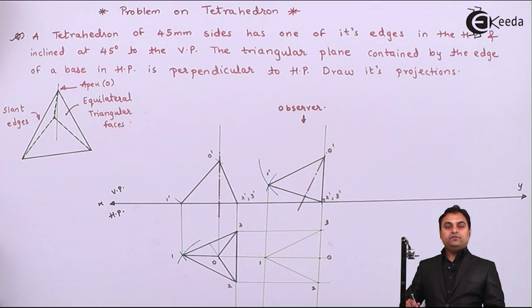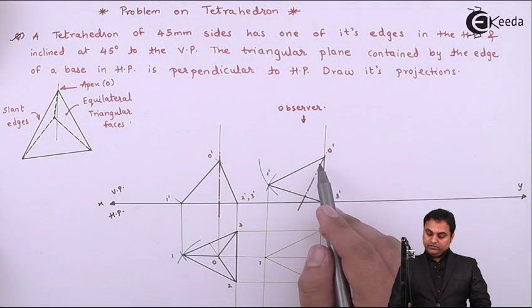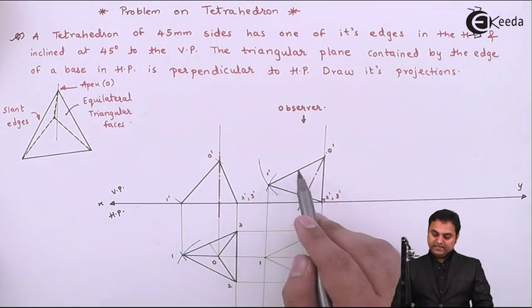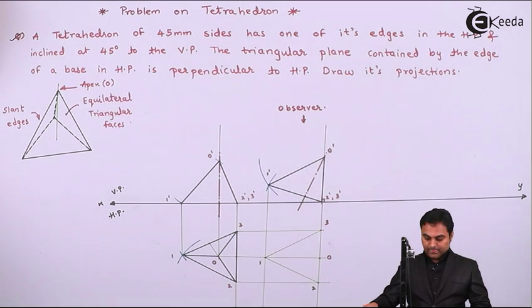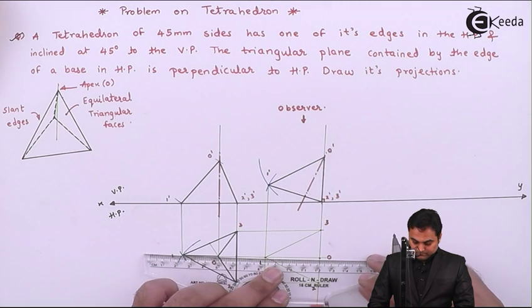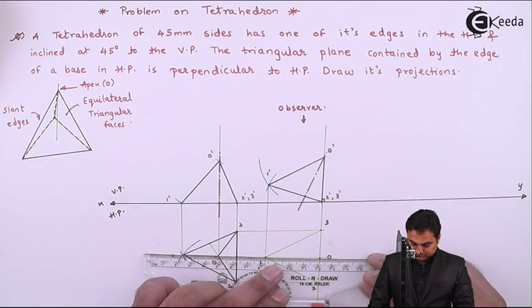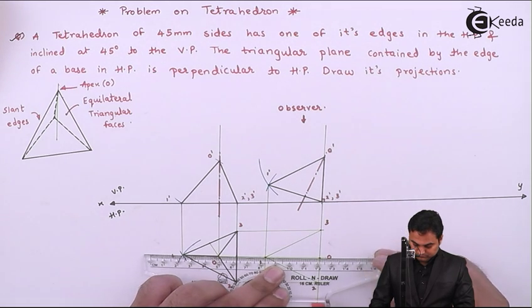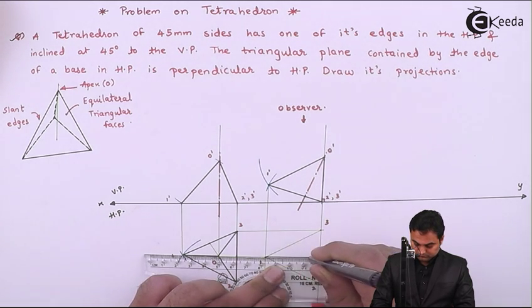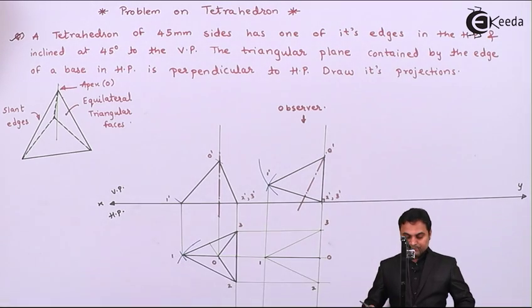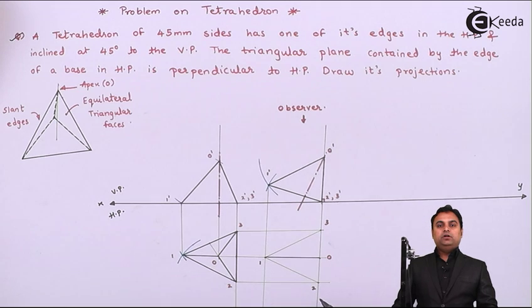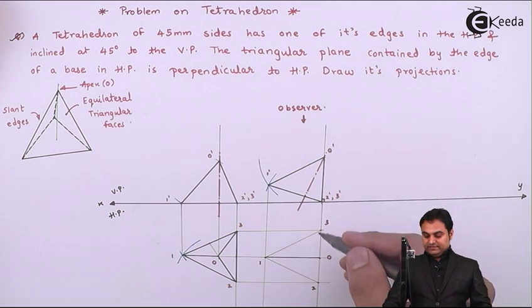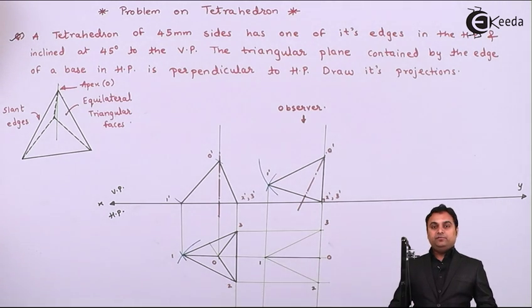As an observer, when we are looking from top, this edge O dash to 1 dash is visible, so it will be made dark. Then even the edges 1 to 3 and 1 to 2 will be visible from the top view, and at the same time, since they are forming the outline, they will be dark.